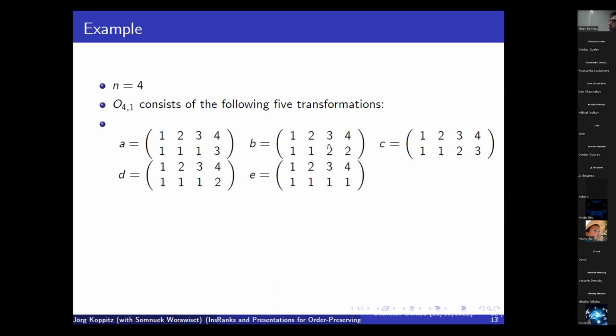So that means for 3 we have only the possibilities 1 and 2. So we are sure that these are all elements in ON1.